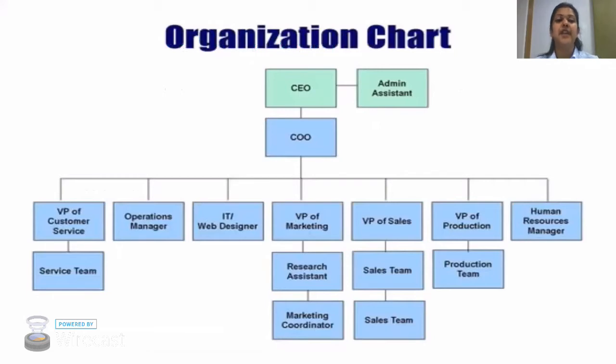Under these people, we have VP of Customers. So now there are different departments. So the Vice President of all these departments, and then the managers underneath them, and then the employees. So this is a typical chart depicting the tall organization structure. It follows a long chain of command.